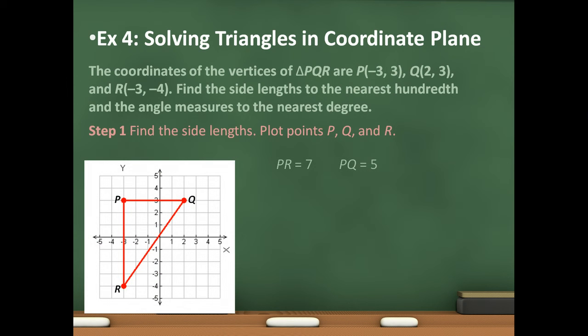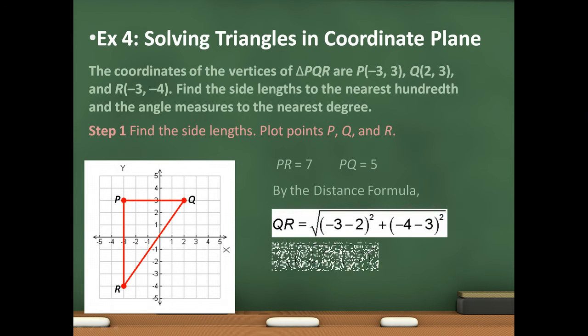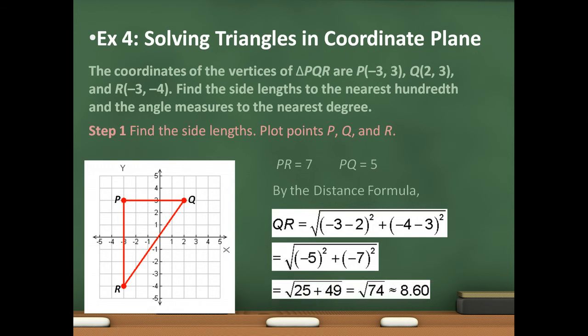PR, because it's a vertical line, is 7 units, and PQ is 5. To find RQ, we'll use the distance formula, and we get that it is about 8.6 units.